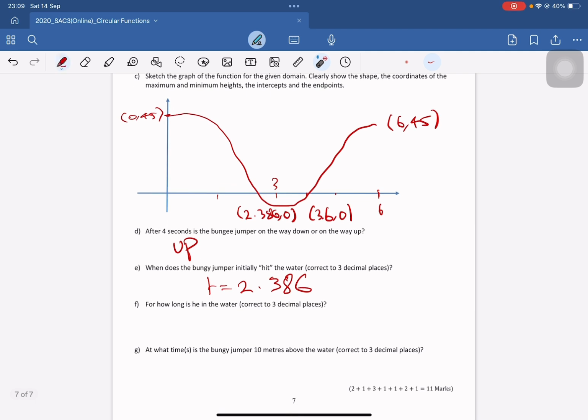And so you're going to get these two answers. Also basically just inputting the intercepts, the first intercept and the second intercept. Basically how long he was underwater for. And you're going to minus those two in order to get the time, which equals 1.229 seconds.